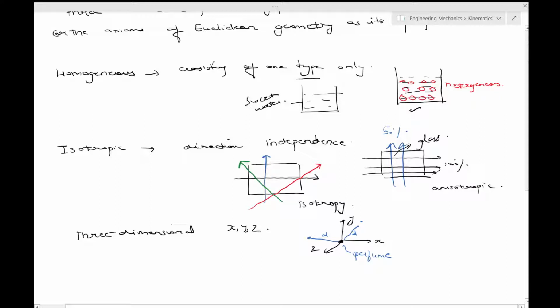It's independent of the direction. So this direction independence plays a big role in defining what a frame is. And that's the three-dimensional part.